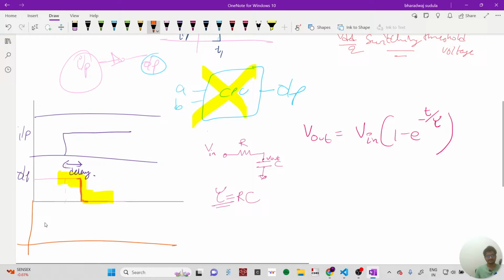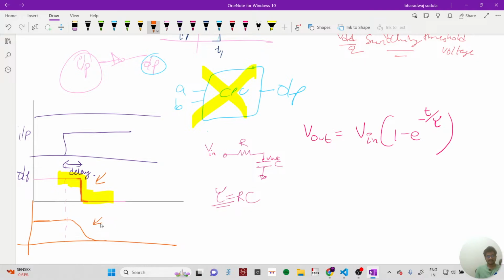Reality is that it maintains to be one, and here it starts to change its value. So this is the transition, not this ideal discontinuous transition.